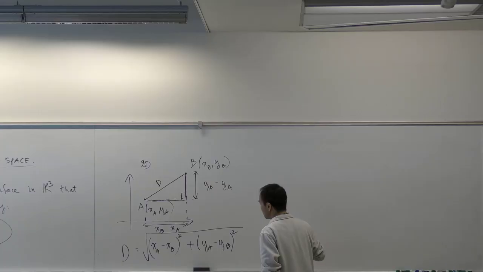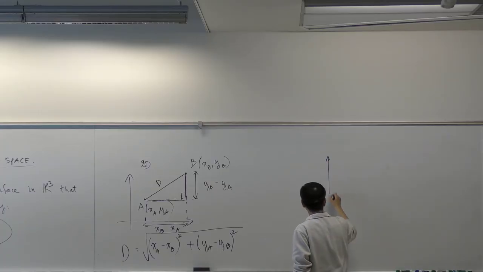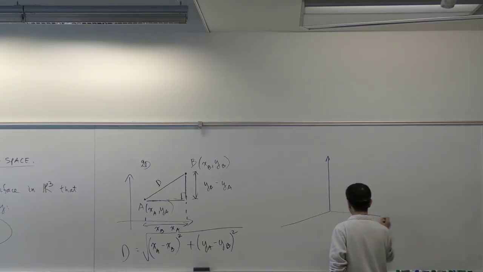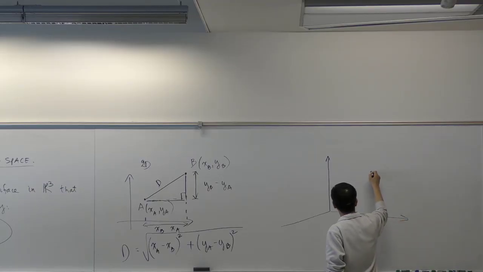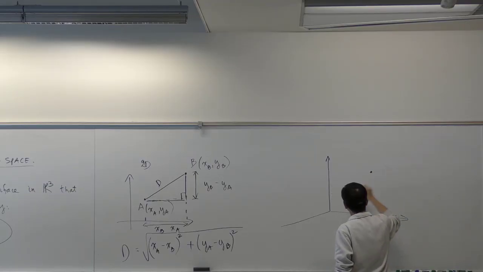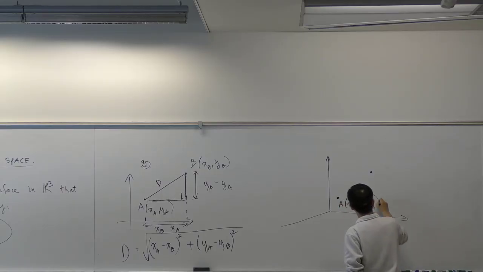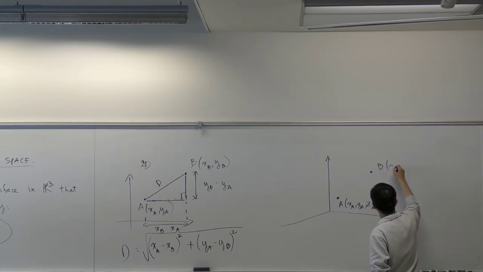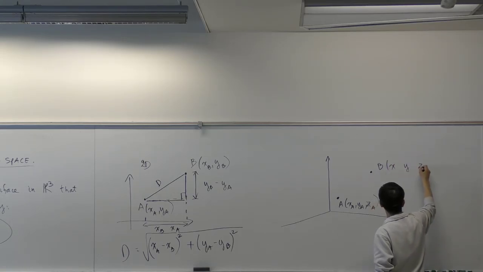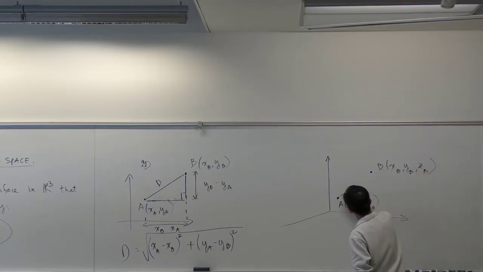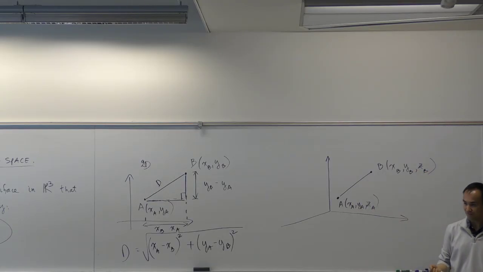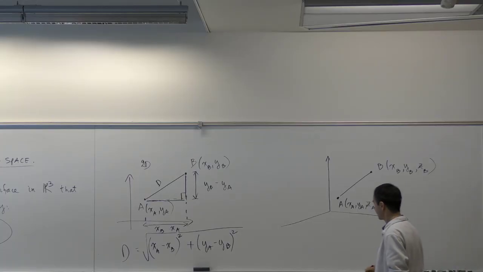So now we're moving into three dimensions. Now you've got a point A with coordinates XA, YA, and ZA, and another point B with coordinates XB, YB, and ZB. It's very similar.